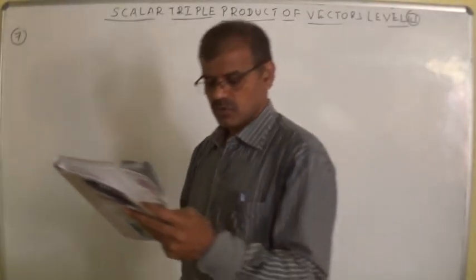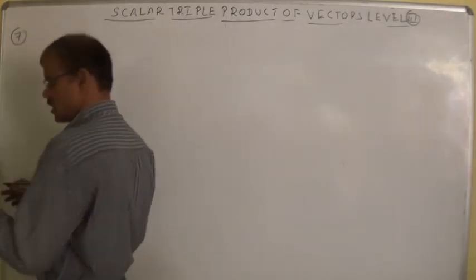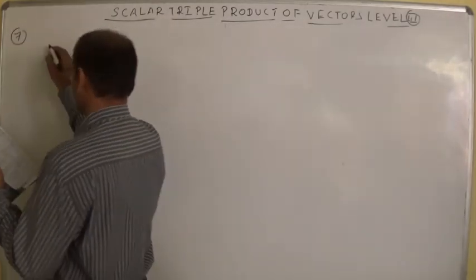Let us discuss the 7th question. A, B, C are non-coplanar vectors given.